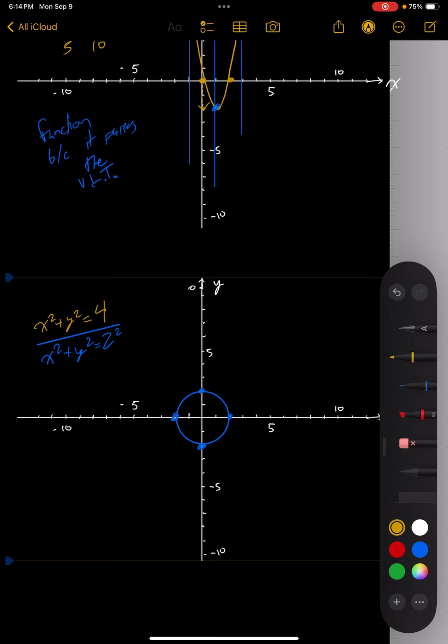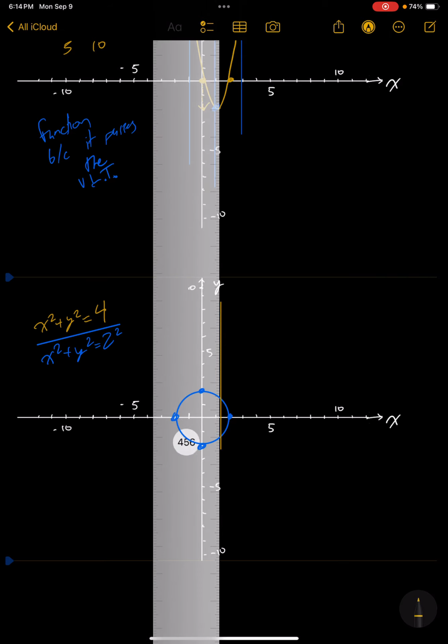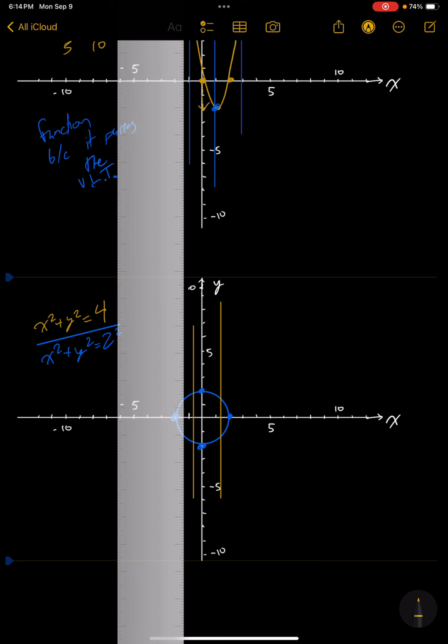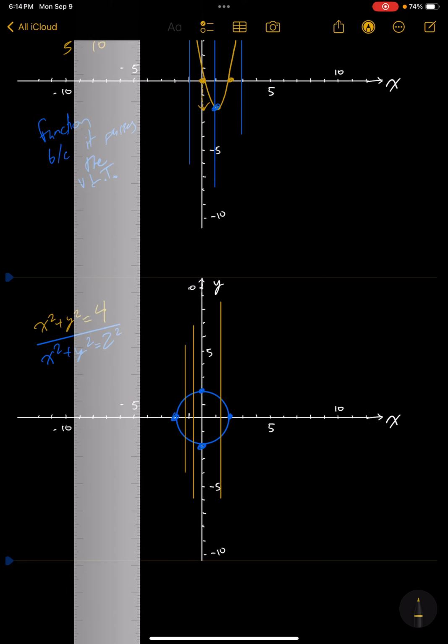Is this a function? The answer is no. Why? Because almost every time I pass a vertical line through it, I get 2 values. Therefore, it is not a function.